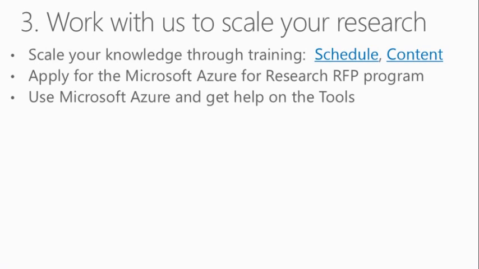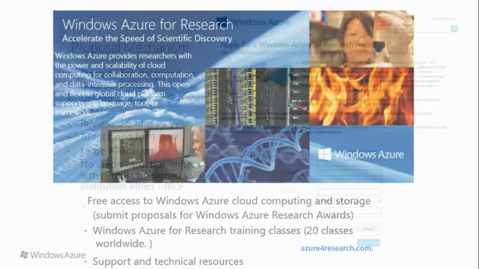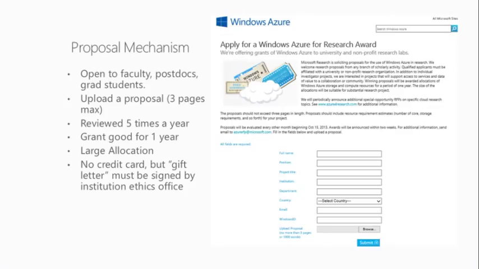And also you can get help through our support program. So this is the Azure for Research program, and you can go to Azure for Research, which is the URL here, and you'll find on the main page that this is the actual proposal that you have to fill out. As you can see, it's really not many things you have to do.